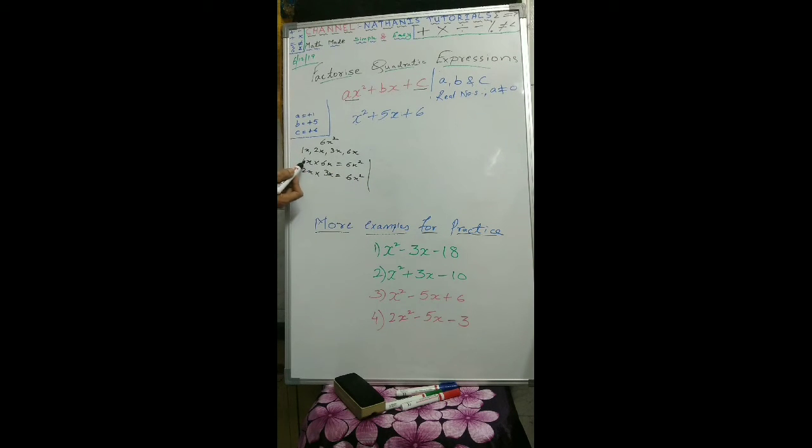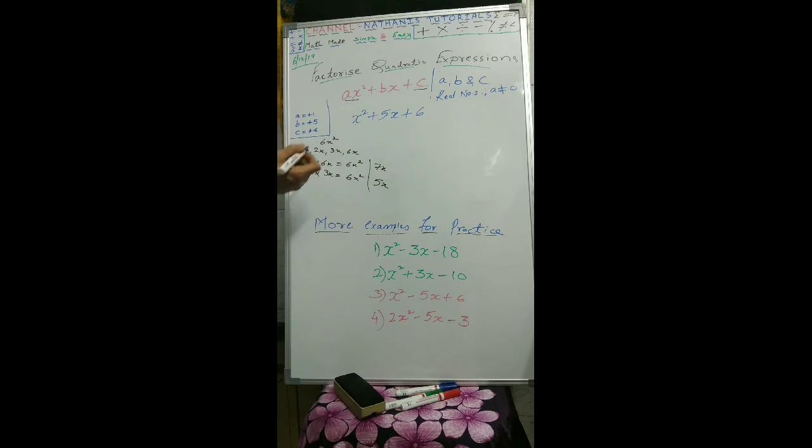But in the first case, when I multiply 1x with 6x, I get 6x squared, but when the two numbers are added, 1x plus 6x, I'm getting 7x. In this case, when I add 2x with 3x, I'm getting 5x. So this is the correct answer. So the factors are 2x and 3x.